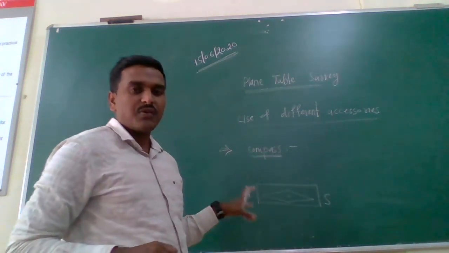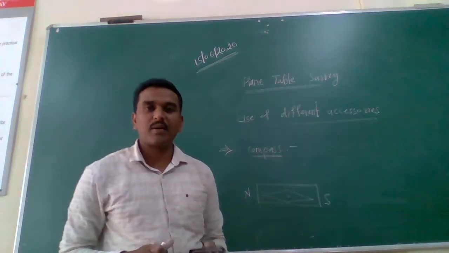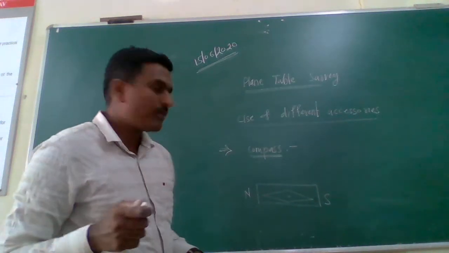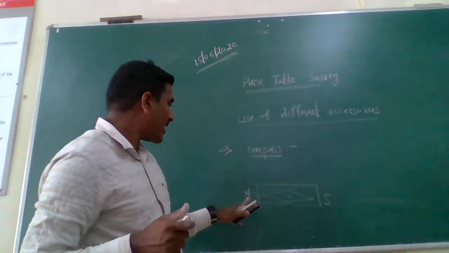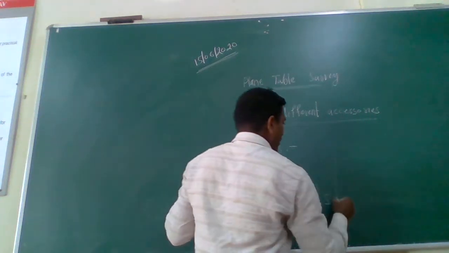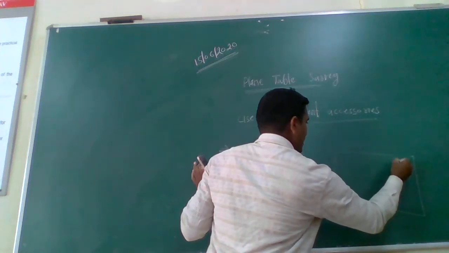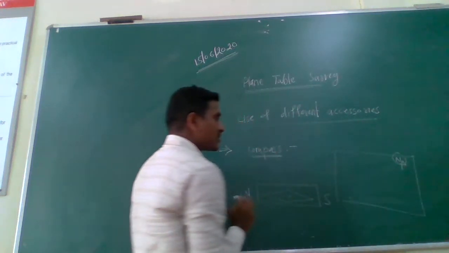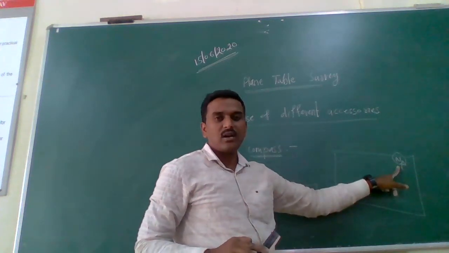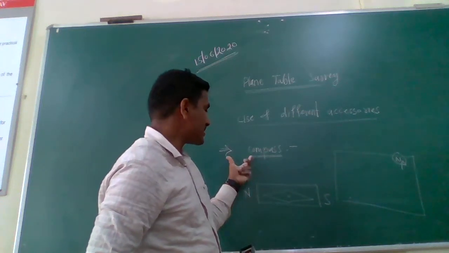For carrying out any kind of work, we need to mark the permanent direction. Okay, so the north direction is our permanent direction. So for marking that north direction on the paper, suppose this is paper, we have to mark the north direction on the paper. For marking that north direction exactly on the paper, we have to use the compass.